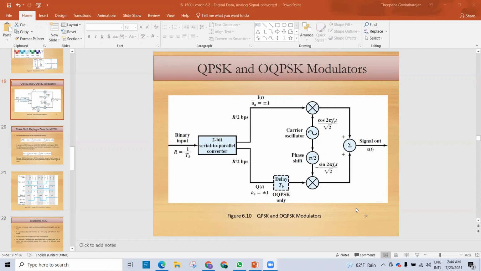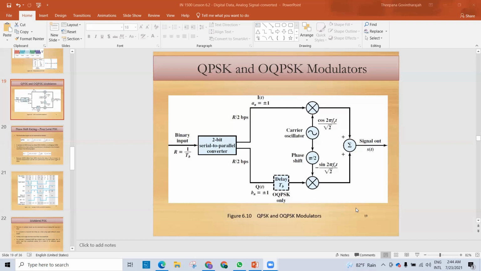When we talk about OQPSK, it is offset quadrature phase shift keying. That means we are introducing a delay in QPSK. That is OQPSK.